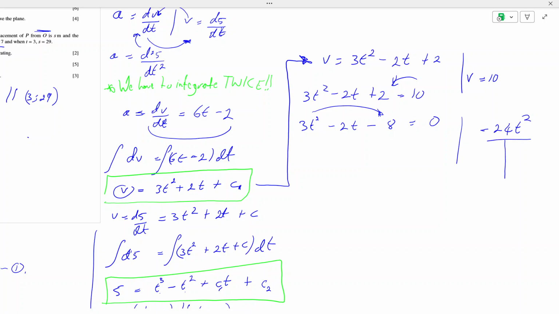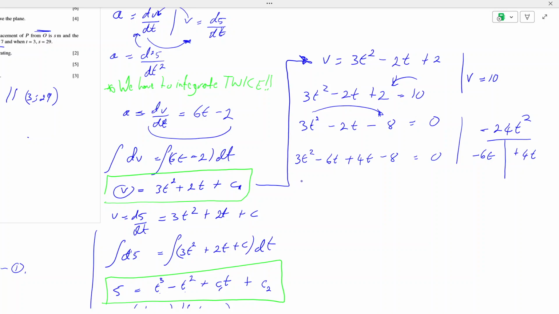Then you've got to find two numbers that will multiply to give you negative 24 and add to give you negative 2. And those two numbers would be negative 6 and plus 4. Then you can replace the negative 2t by those two numbers so that you can factorize. Minus 6t plus 4t, minus 8 is equal to 0.